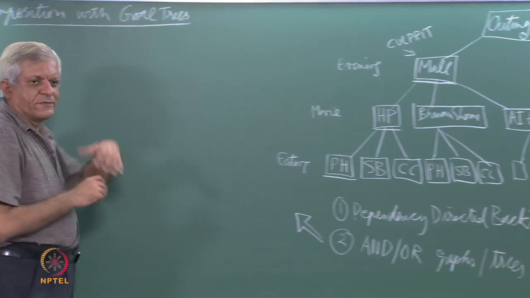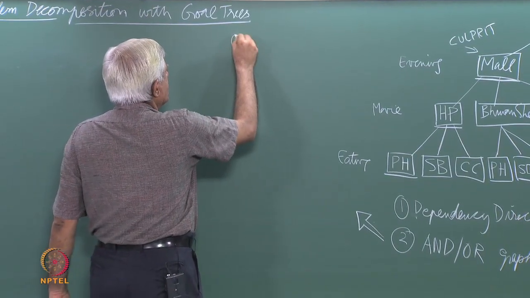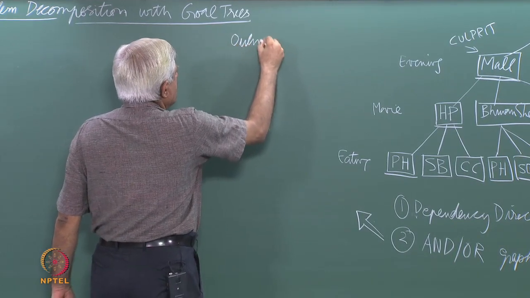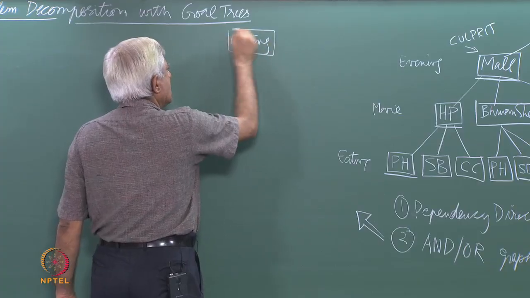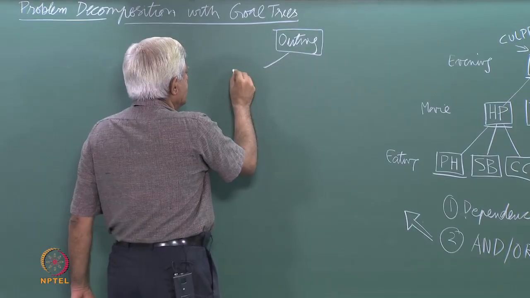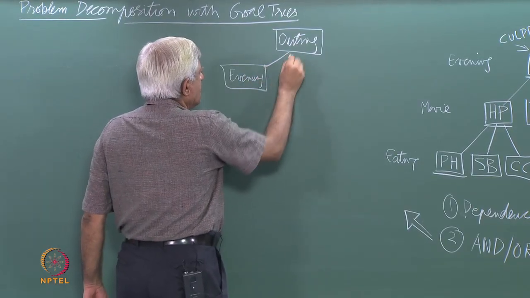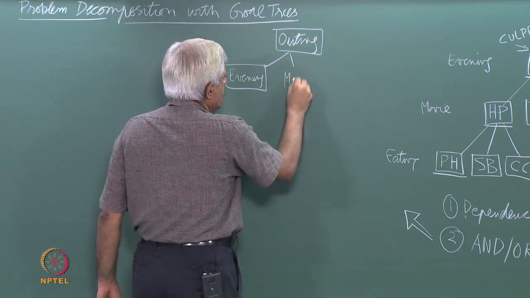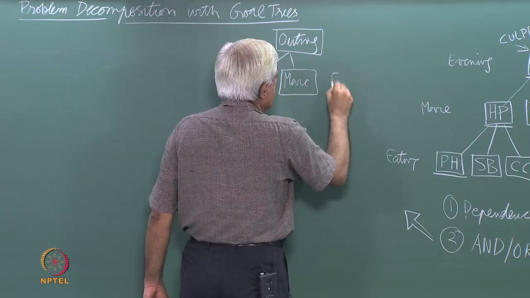is to view the problem differently. You have outing as a goal that you are trying to solve, and now you are going to break it up into three separate sub goals. One is evening out or evening plan, then movie, and then eating or dinner.